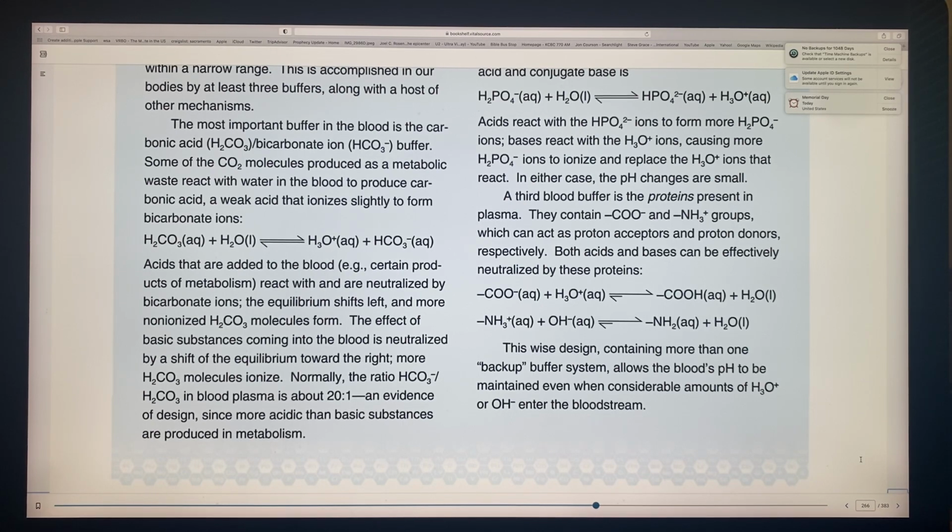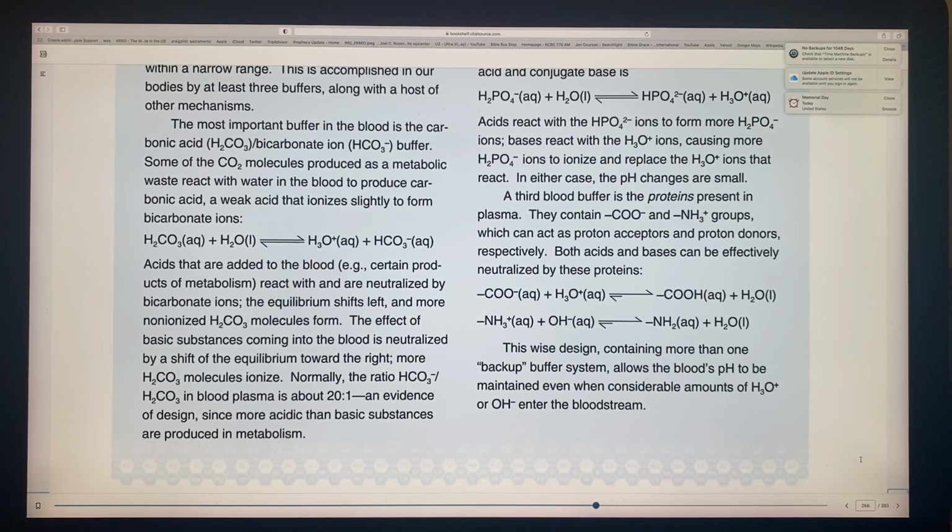So this bicarb buffer system, let me go over that here. Blood buffers. I was going to show you the exact here, but anyway, let's just go over this. So the carbonic acid is probably the most important buffer system. And this carbonic acid you see is H2CO3.